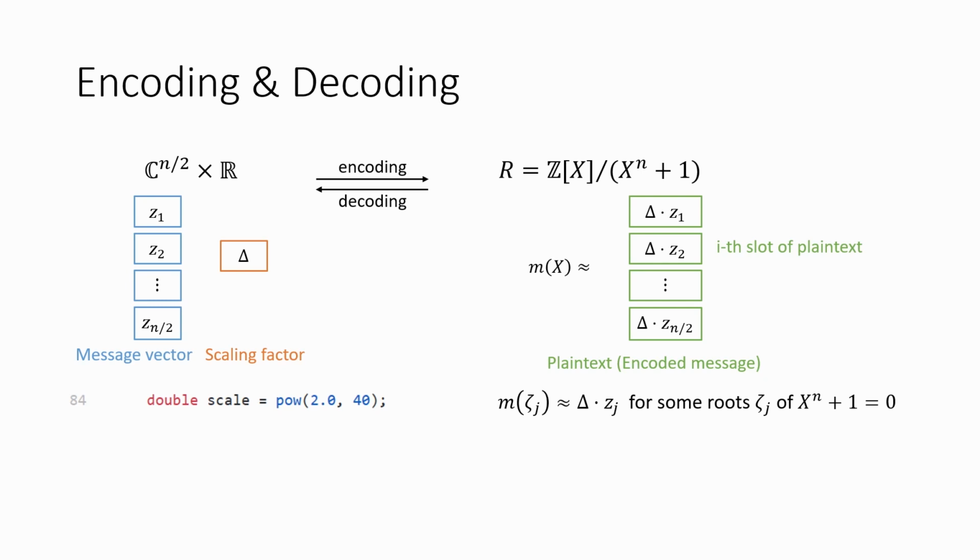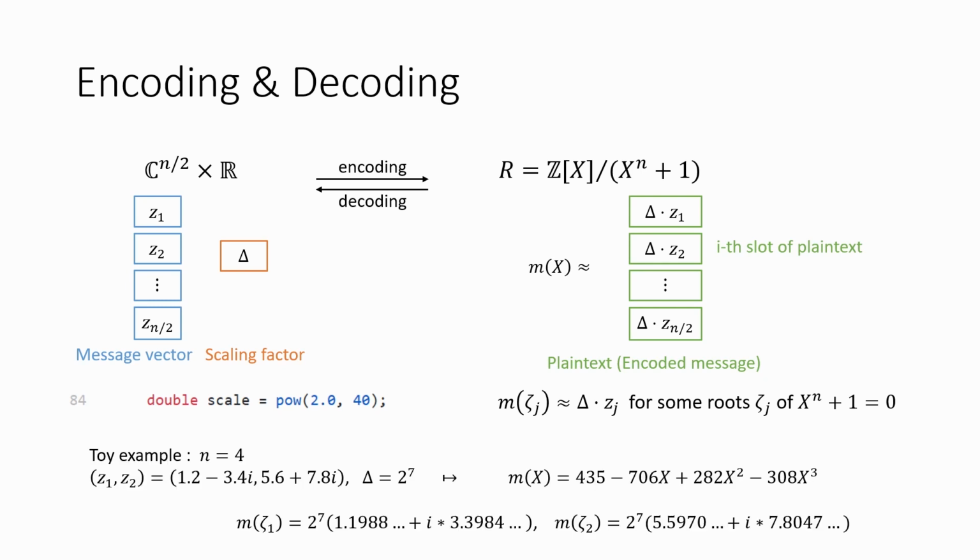You don't have to know all the details, but as a toy example, if you encode this pair of complex numbers with scaling factor 2 to the 7, then you end up with this integral polynomial m. We can double check that if you evaluate m at the two roots of unity, then you recover approximate values of 2 to the 7 times the input vector.